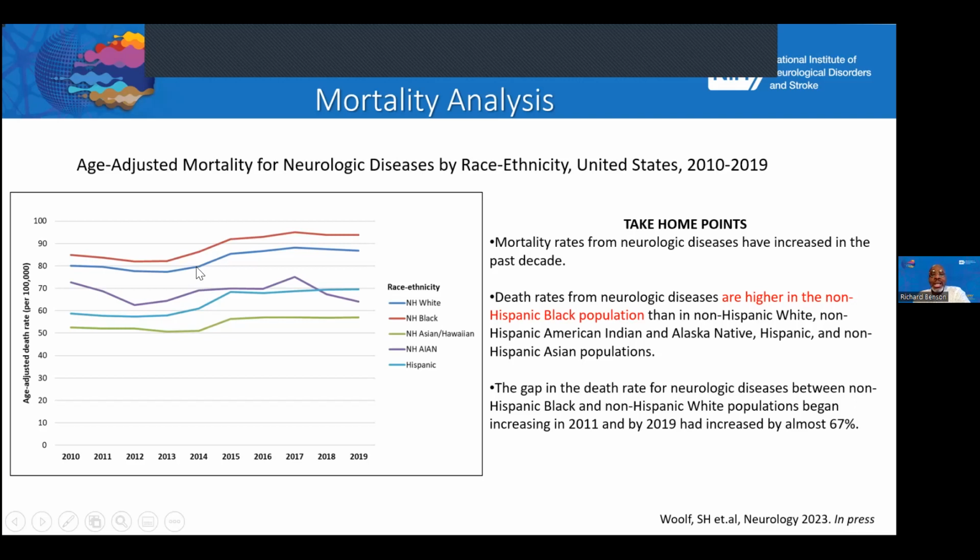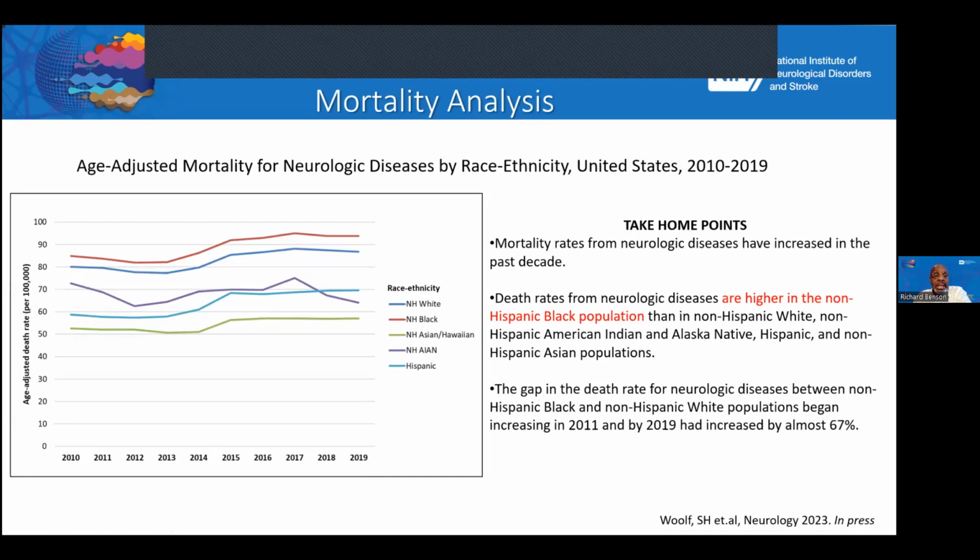And so this is why this concept of health equity, we want to achieve the lowest mortality rate or the highest level of health for everyone in society. And so our non-Hispanic Asian American, Hawaiian population actually have the lowest rate here.